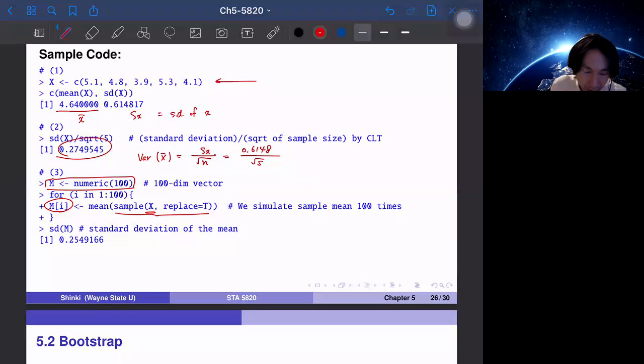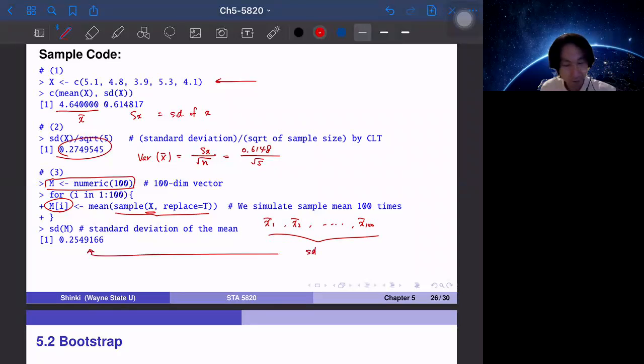We calculate x bar 100 times, so we have x bar 1, x bar 2, up to x bar 100. Then we check the distribution of this. And actually the standard deviation of this is 0.2549. So it's slightly smaller than 0.275.